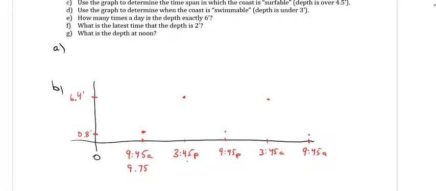Does anybody know what that would be? Nice, 15.75. So we're talking like a 24-hour clock here, right? 7.75 for the 9:45 a.m. And then 9:45 p.m., anybody know that one? 21.75, very good.